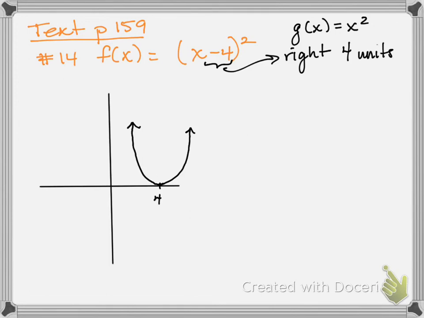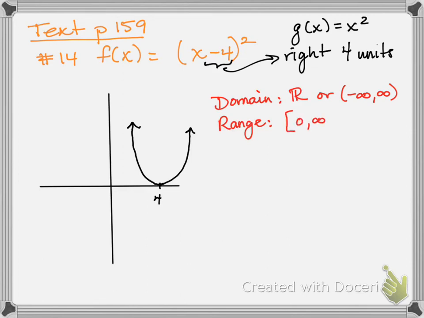Something like that. So if I right now were to talk about the domain of this graph, I would say that my domain is all real numbers, or I can say negative infinity to positive infinity. If I was talking about the range of this graph, I can say that it is going from 0 to positive infinity.